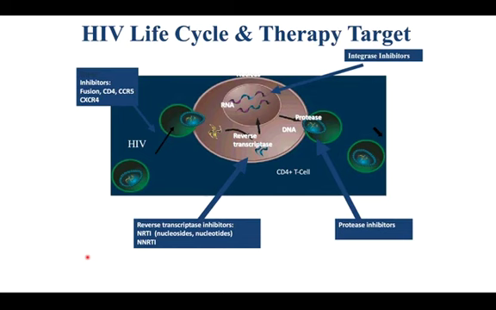This is a schematic presentation of the HIV life cycle. You have the HIV virus in green there, and you have a CD4 cell, a T helper cell, in a light pink color, right? What you see here is an HIV virus that infects a certain CD4 cell receptor.